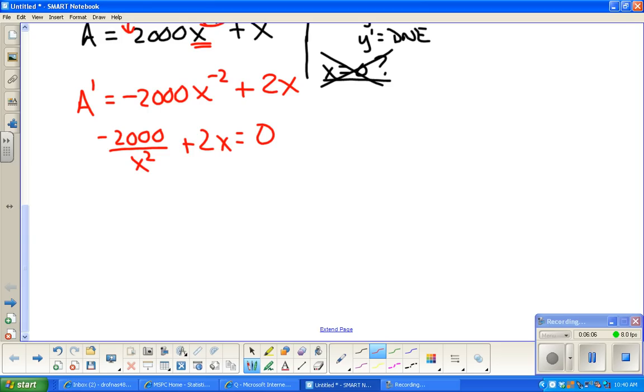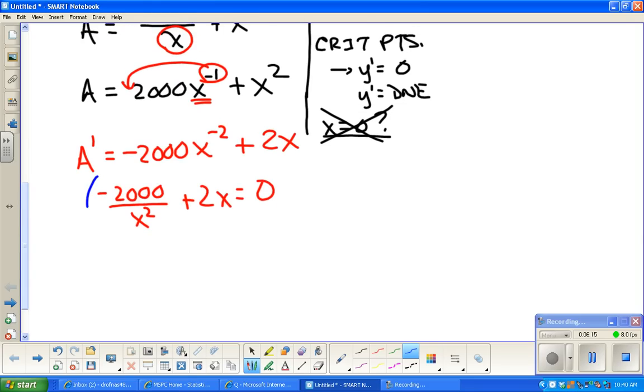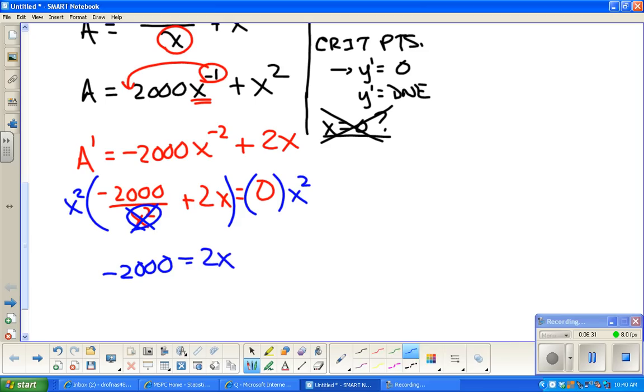Okay, so I'm going to multiply both sides by x squared so I can clear the denominator. X squared and this x squared just cancel out. So -2,000 equals, well, plus x squared times 2x, which is 2x cubed, and 0 times x squared is 0.